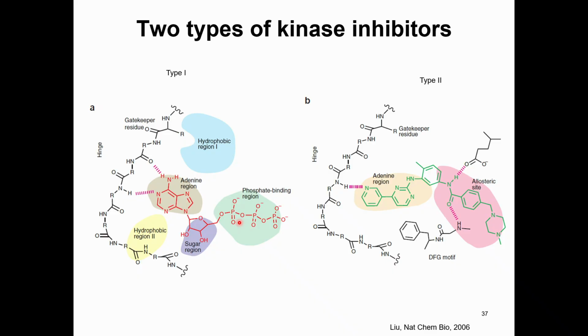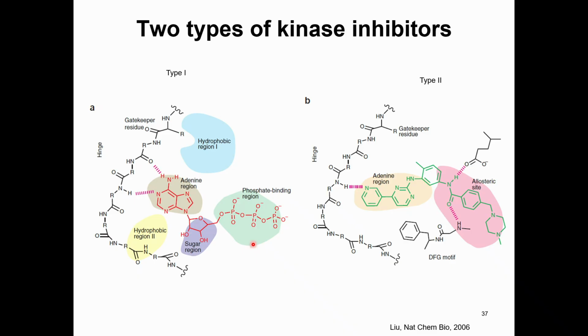So ATP does all kinds of stuff. It's involved in just general energetics in cells. It's involved in providing energy for enzymes to work. And it's also donating phosphate groups that kinases use to stick onto other groups, and that actually signals that protein to become active. And that's what's going on in cancer.